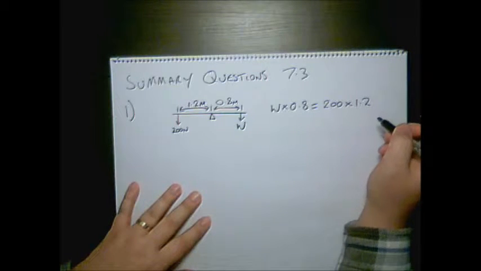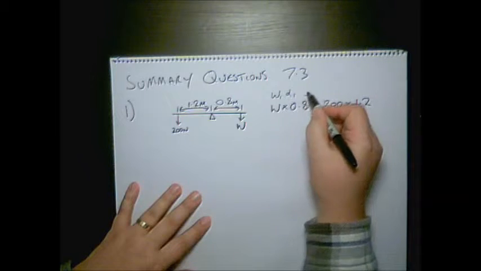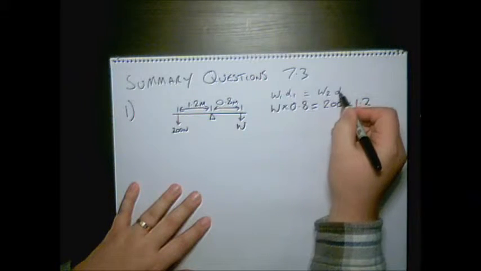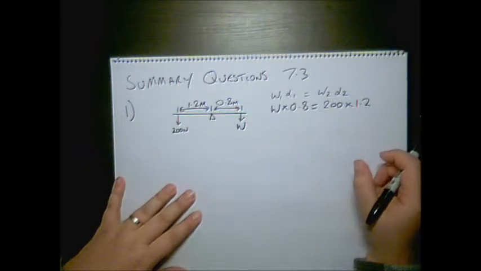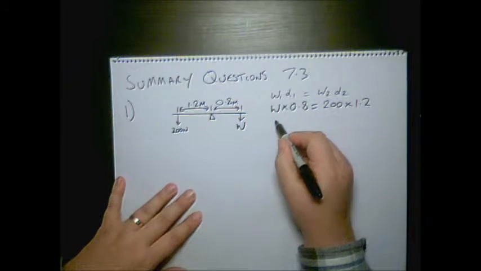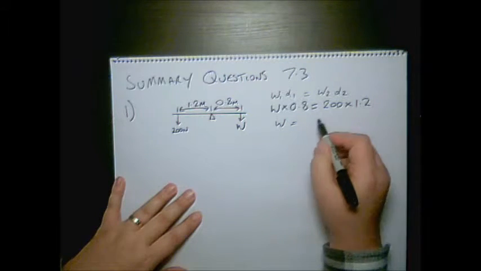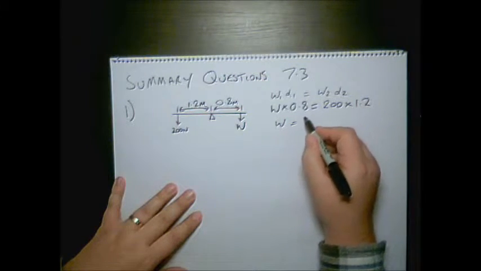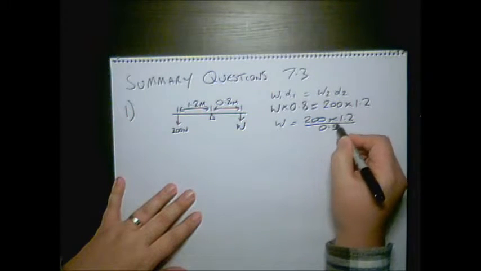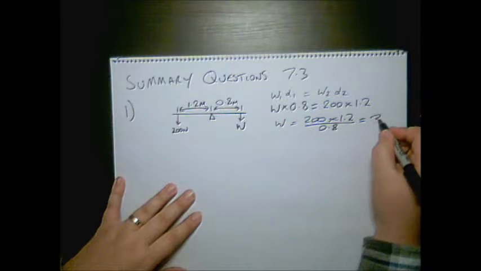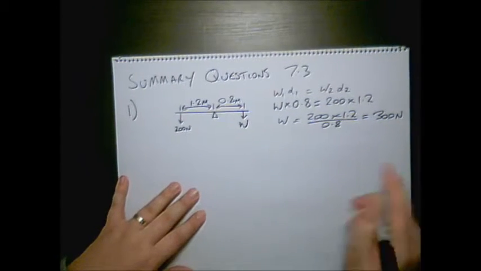So this follows the convention W1 D1 is equal to W2 D2, so the clockwise equals the anti-clockwise. To get W, we divide by 0.8, which is going to equal 300 newtons. And that's the answer to question 1.